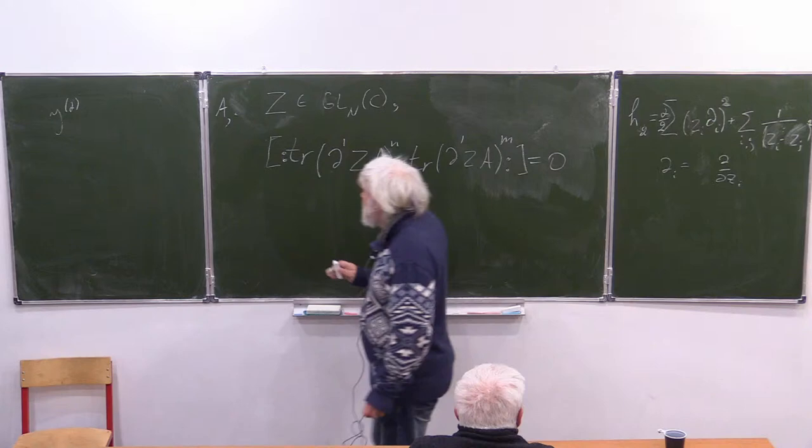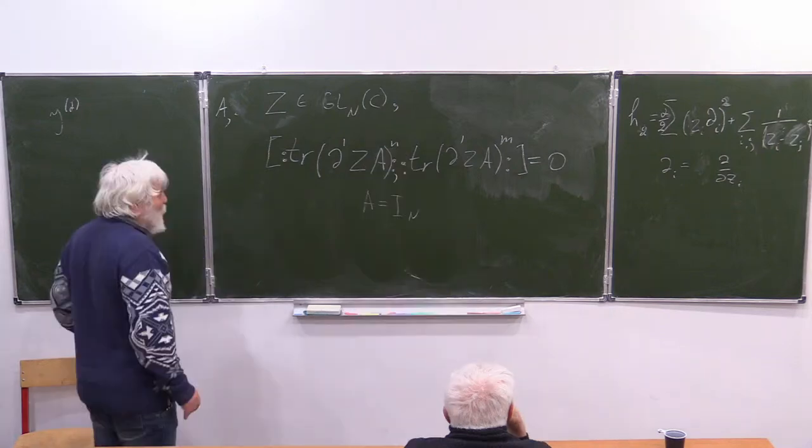In the case when A is the identity matrix, it is the case when alpha is equal to 1. So the eigenfunction is the Schur function. And there is a set of commuting Hamiltonians, the higher Hamiltonians.